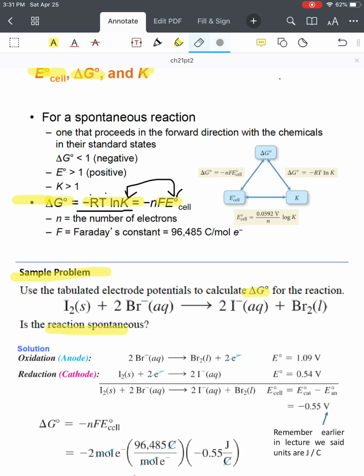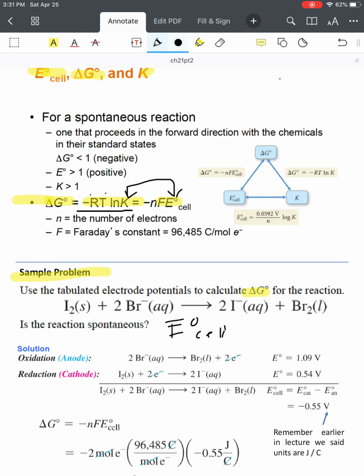All right, so we're told to use the tabulated electrode potentials for this redox process. So we go about the process that we've already learned. Let's compute our E0 cell, our standard cell potential. Got to compute that first. So how do we do that? Well, again, we break this chemistry down into two half reactions, one for the oxidation, one for the reduction.